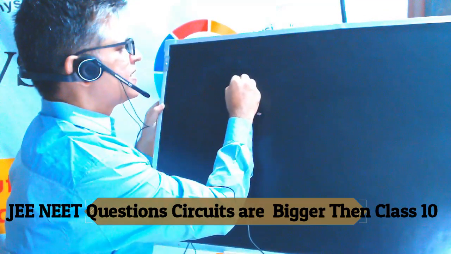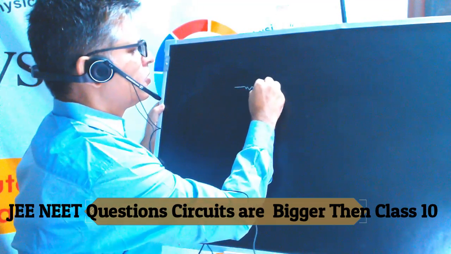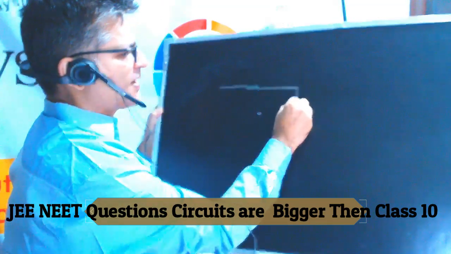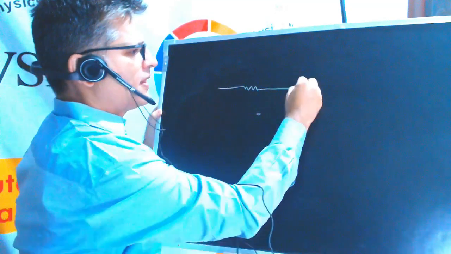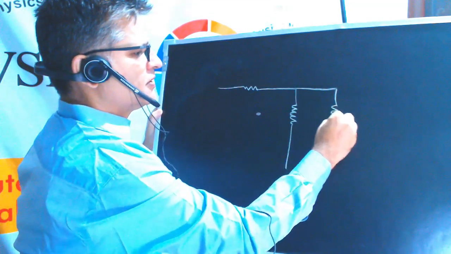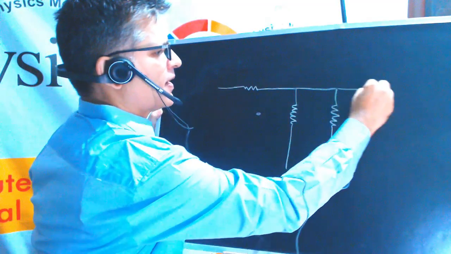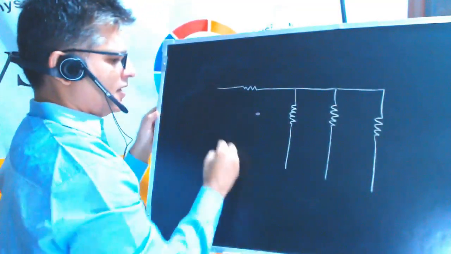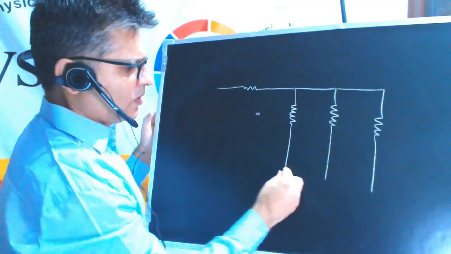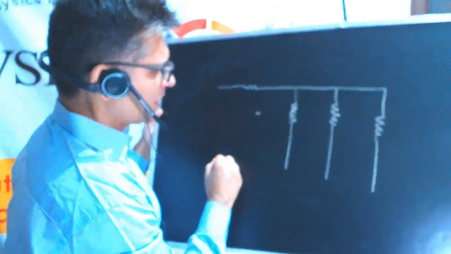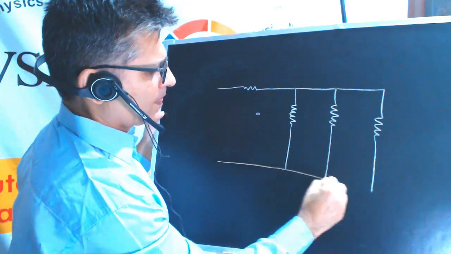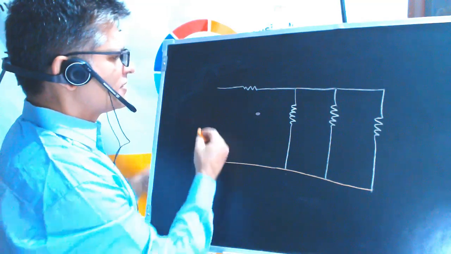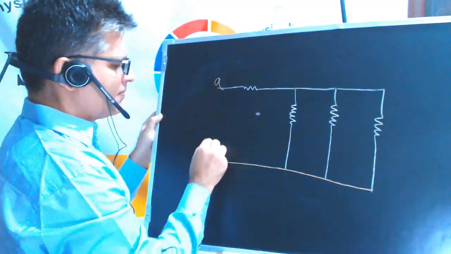So assume that you have one resistance which is connected like this, and the second resistance is here, and then you have a third resistance, and you have the fourth resistance, and then you can connect these. And now the question is, what is the resistance between the point A and B, okay?